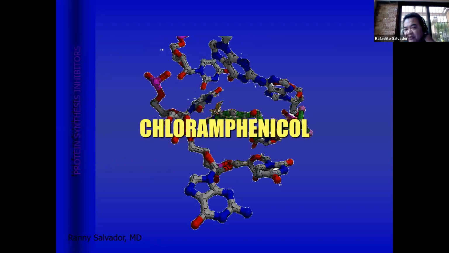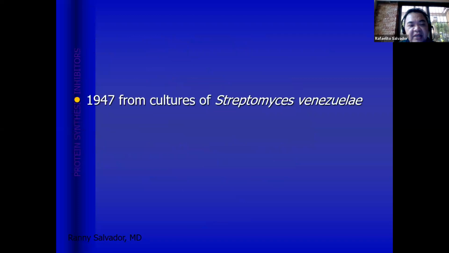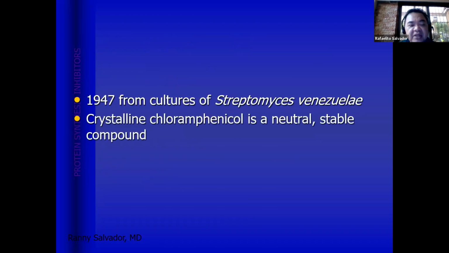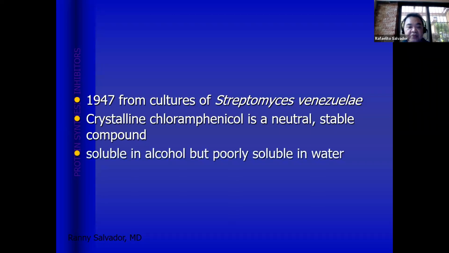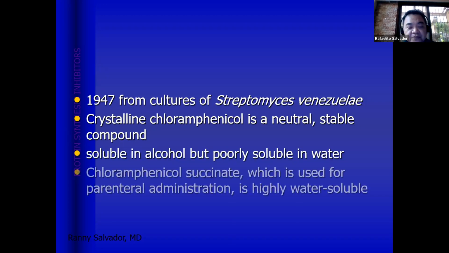So chloramphenicol, maybe 30, 40, 50 years ago, was very popular. This came from cultures of Streptomyces venezuelae, and the crystalline chloramphenicol is a neutral and stable compound. It is soluble in alcohol, but poorly soluble in water. So if you have to give it IV, the salt would be different.